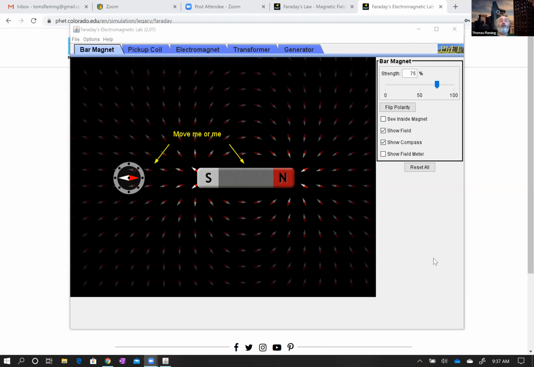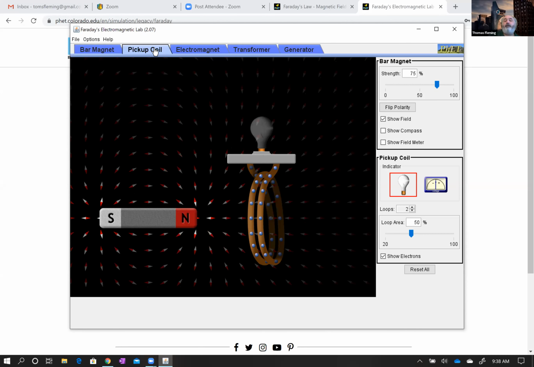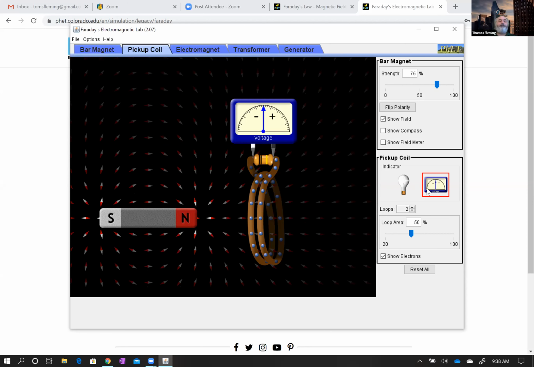So, what Michael Faraday noticed as he was playing around with charges and such is that he had a coil of wire and he had a magnet, and he was measuring the voltage across his coil of wire, not unlike this. And of course, the wire wasn't connected to any kind of battery, so there should have been no voltage.